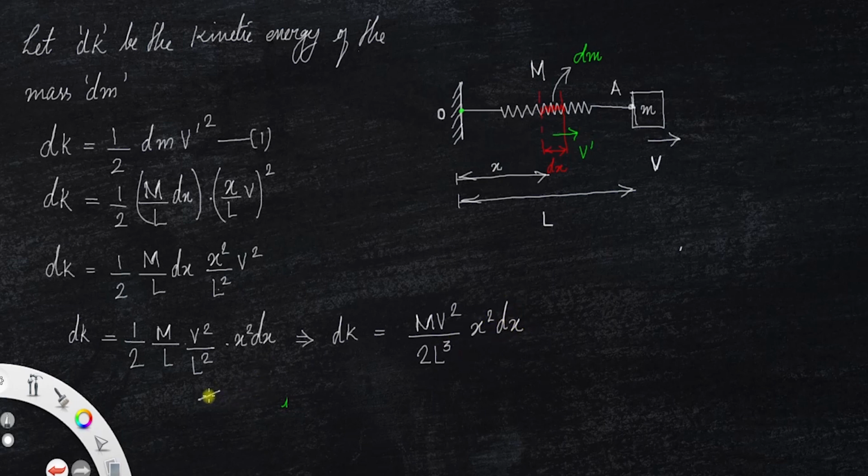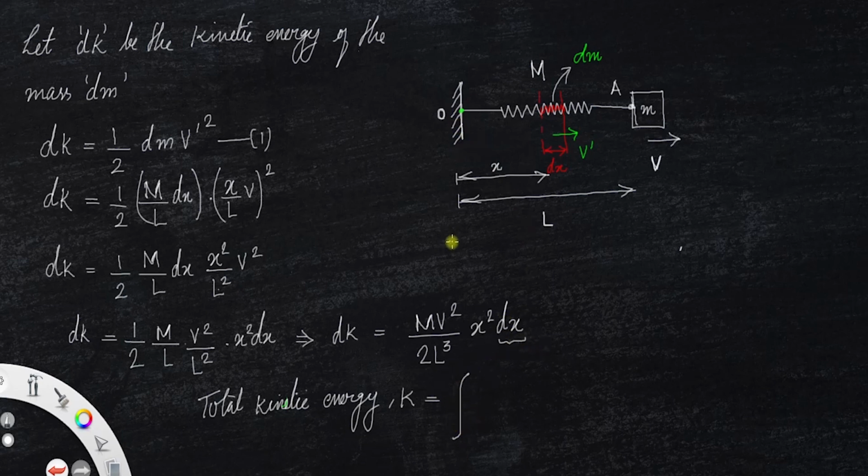So in order to get the total kinetic energy, you have to integrate. Let K represent the total kinetic energy. This is the kinetic energy of the spring. See, the variable in here is x.